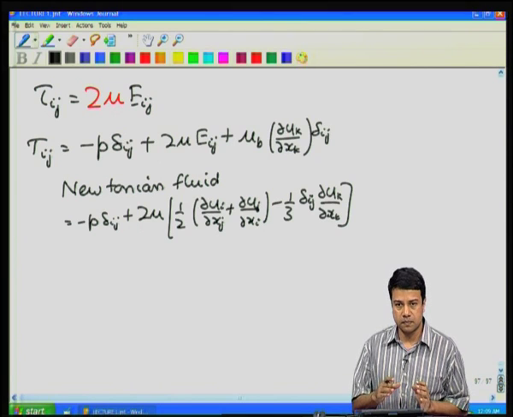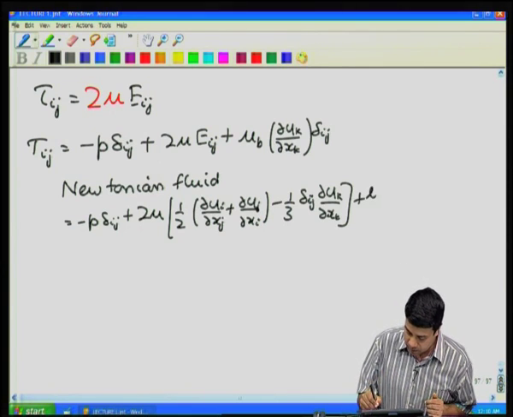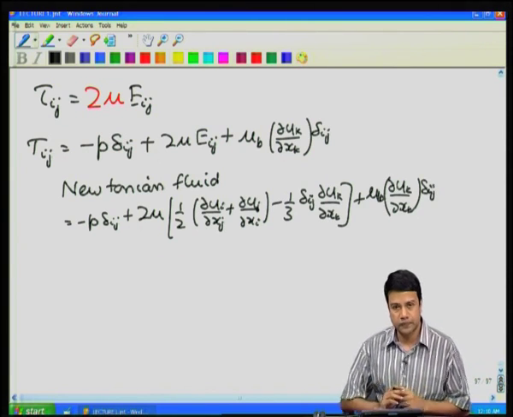Symmetric: I take the matrix, add its transpose and divide by 2, then from that take out the trace, minus 1/3, plus mu b times delta ij.